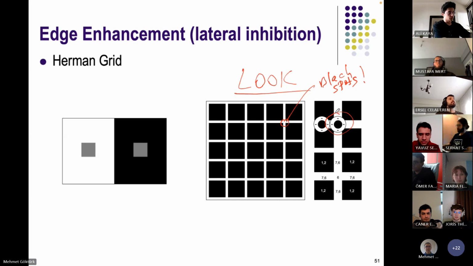Again, a black and white background with the same gray is perceived differently because the change in the edge is in the opposite direction. So edges are enhanced. Therefore, sometimes sizes appear differently. One of them looks smaller than the other. One of them looks brighter than the other because there is a pre-processing going on.